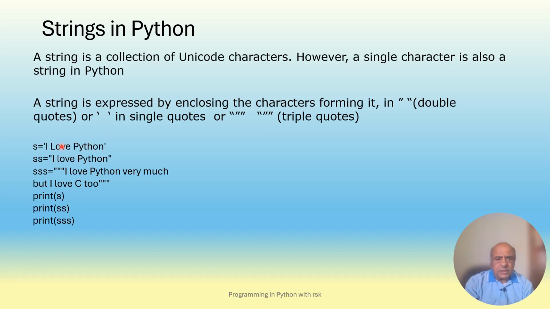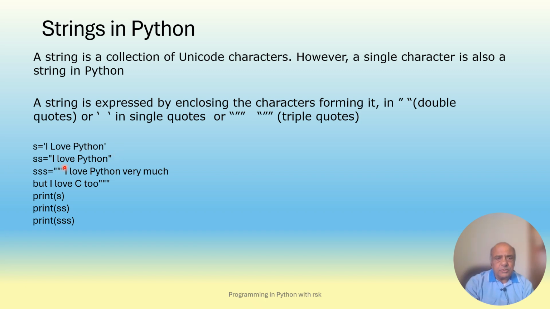What we have done is a small demonstration program, where S is equal to I love Python, SS is equal to the same, and SSS is equal to the same. But what is the difference? S is assigned a value enclosed in single quotes.